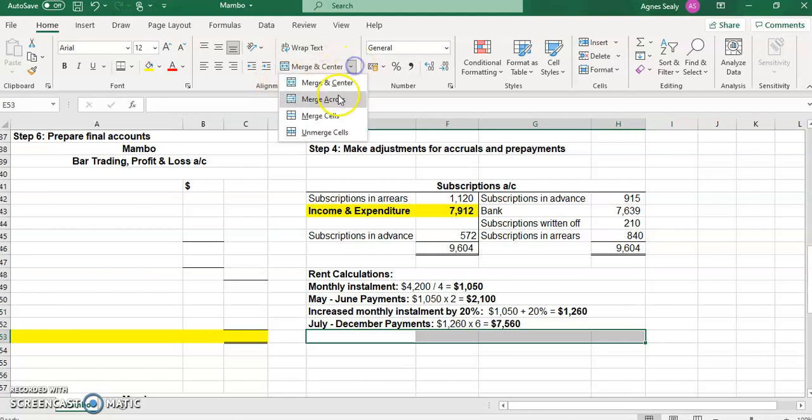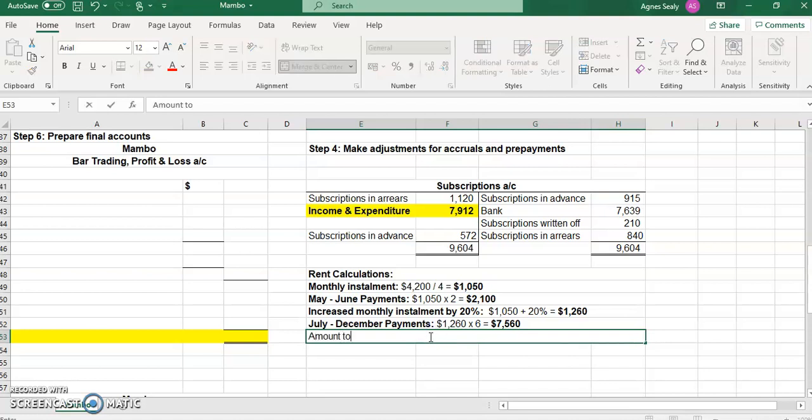So the amount to be accounted for the financial year would be the $4,200 that was prepaid, plus the $2,100, plus the $7,560. Okay, so when we add all three of those figures, we get $13,860. So that's how much we would account for the financial year. When we come back, we will finish this account.